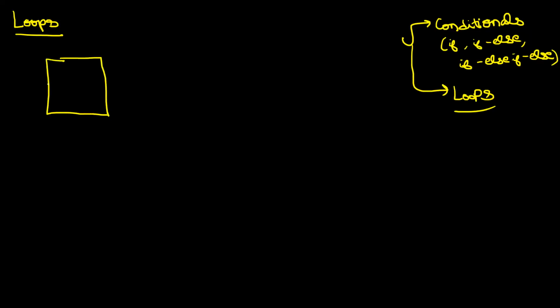Let's say you are writing a piece of code, and I want to print hello world 5 times on the screen. Till now, with whatever I have learned, what is the only option available to me? I don't know what loops are, right?